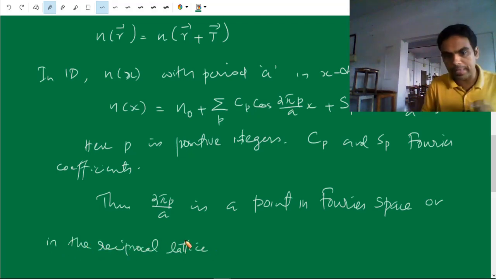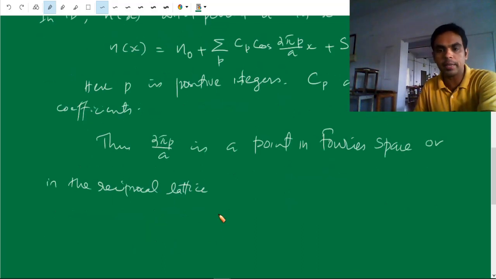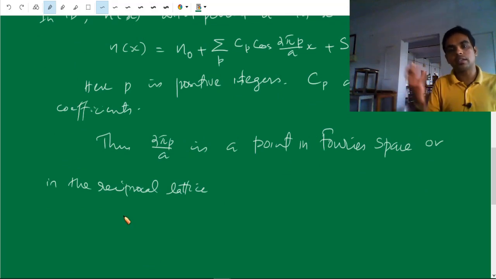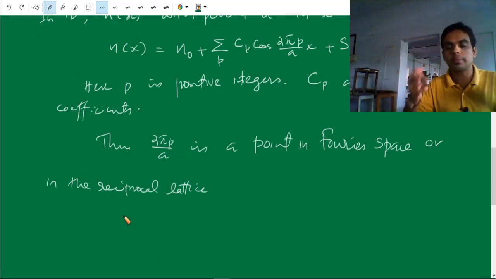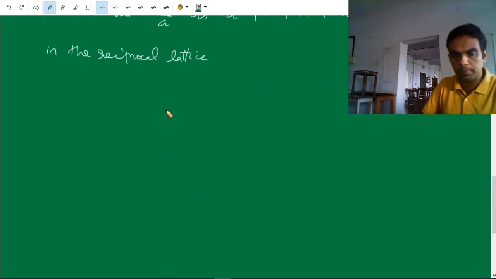So in 1D these points lie on a line. In 3D these points lie in three-dimensional space. Let us draw a periodic function n of x.